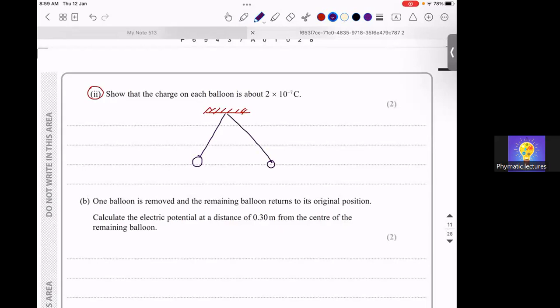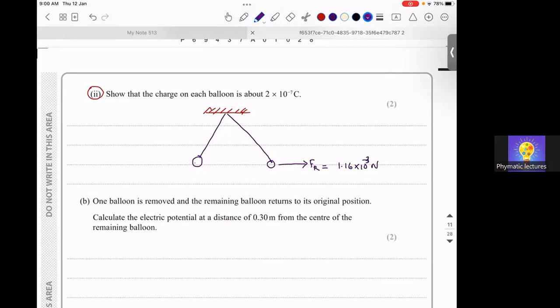We already know the repulsive force is equal to 1.16 into 10 raised to minus 3 Newton, correct?